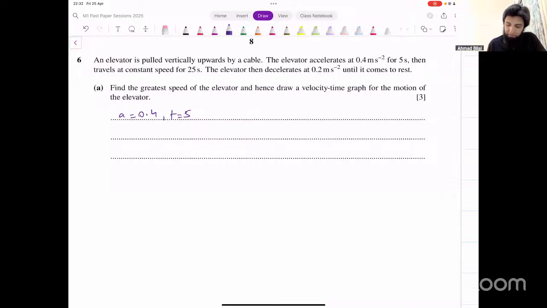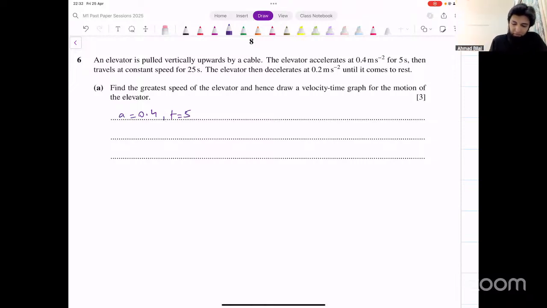Then it decelerates at 0.2 meters per second squared until it comes to rest. Find the greatest speed of the elevator and hence draw a velocity time graph for the motion.